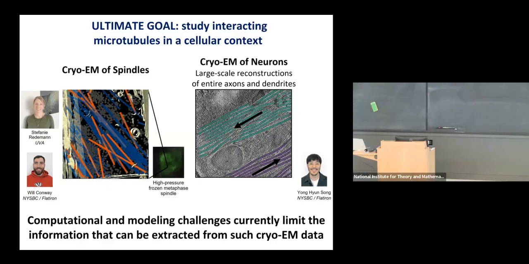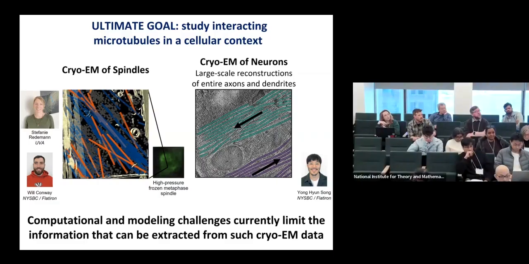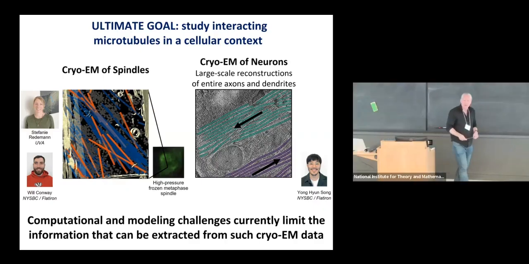I'm curious to learn a little bit more about your neuronal preparation. Is this a primary culture system? As you probably well know, there's thousands of different kinds of neurons. 100%. The main thing that we've been working on so far is primary mouse hippocampal neurons.